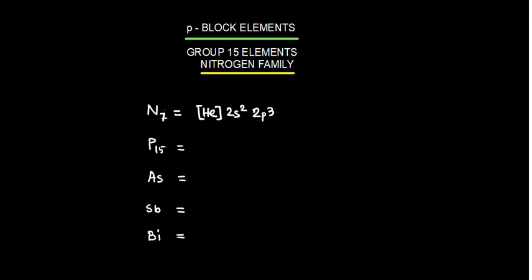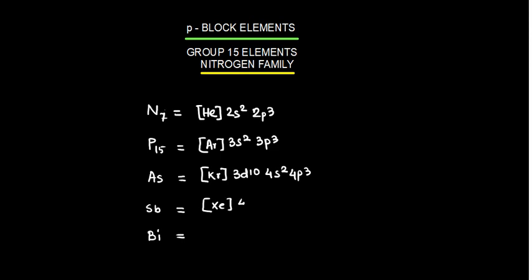Next, for phosphorus it is argon 3s2 3p3. For arsenic it is krypton 3d10 4s2 4p3. For antimony it is xenon 4d10 5s2 5p3.